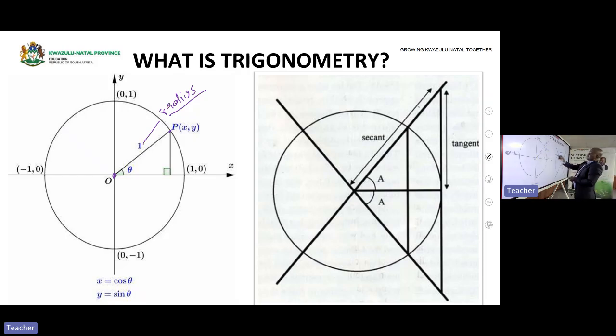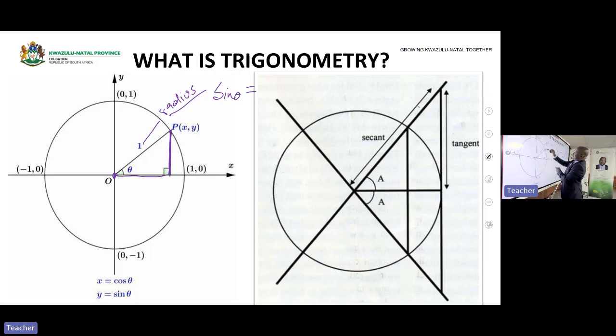Now, using this one, if we find the measurement of this side in relation to an angle, this height in relation to an angle, what is this side? It will be sine in relation to the angle. In this case, our angle is theta.